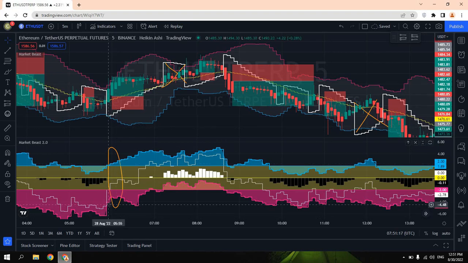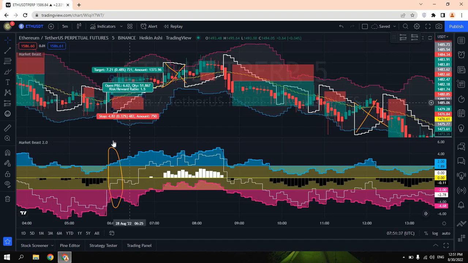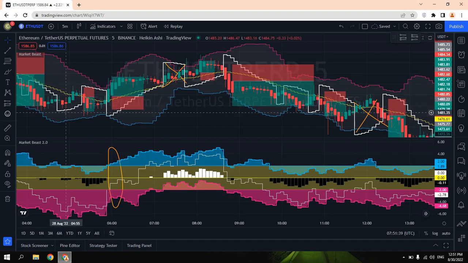So here, first our confirmation should be this Market Beast 2.0. This is telling us that the market is going to be bullish for the next few candles. Blue area is getting large, pink area decreasing. Similarly, we have price above this white line, another confirmation for long, and our last confirmation should be a candle closing above this yellow line.